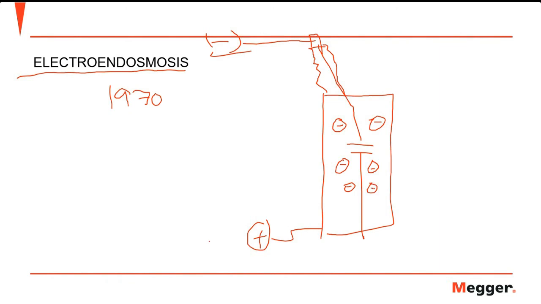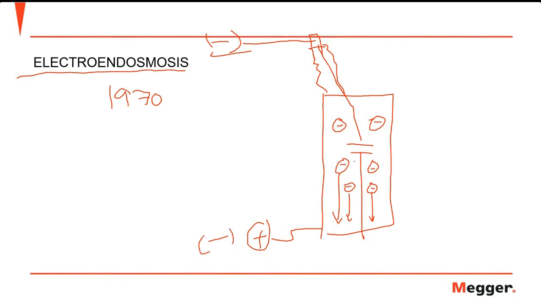Look at this. If you connect negative here, this negatively charged moisture will be attracted only to positive. So you don't have any issue when you connect the positive here, because it will go towards the ground. But what if you connect the negative here? It will repel.